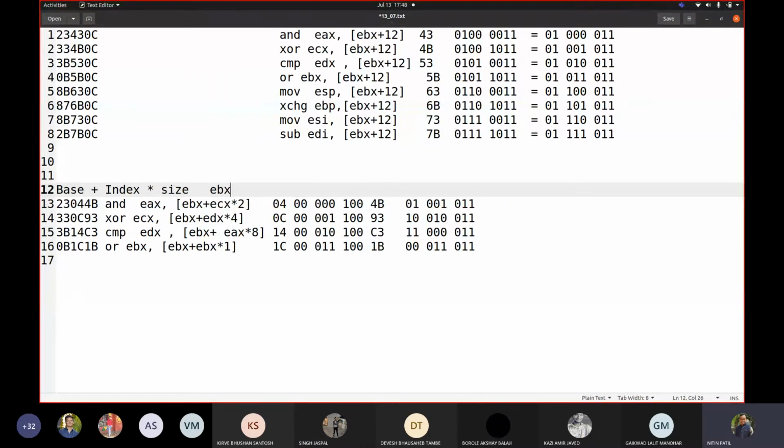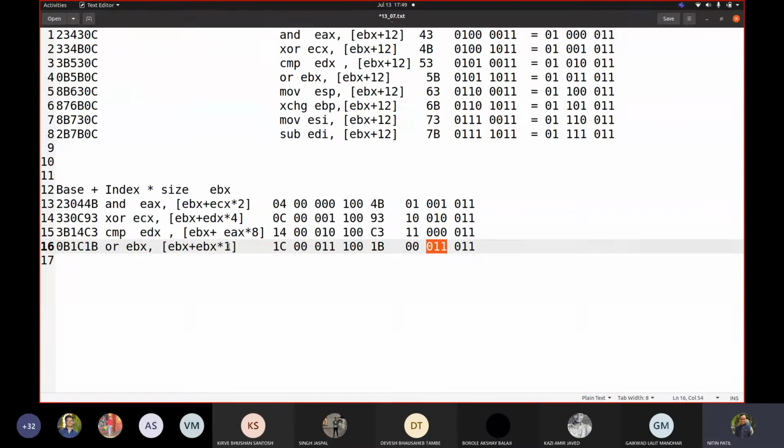In this number, the last 3 bits are common, correct? Can you see that? Okay. Now let us see, what is ECX? 001. What is EDX? 010. What is EAX? 000. What is EBX? 011. See this thing, whatever you got here.